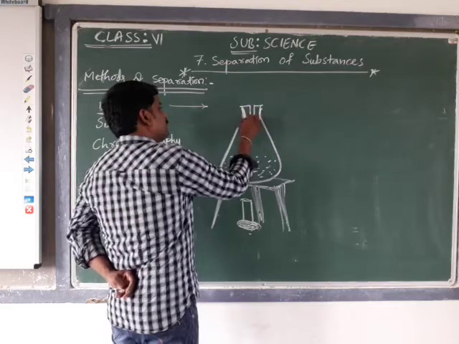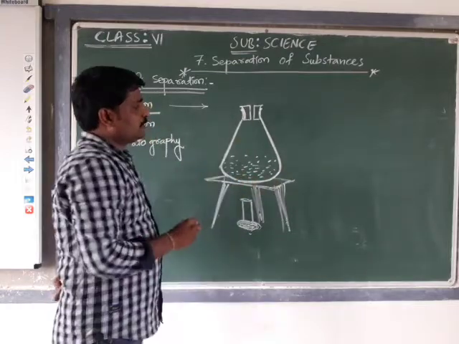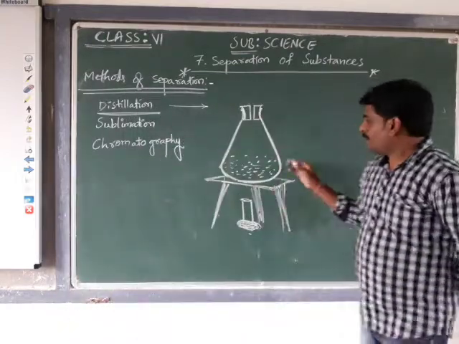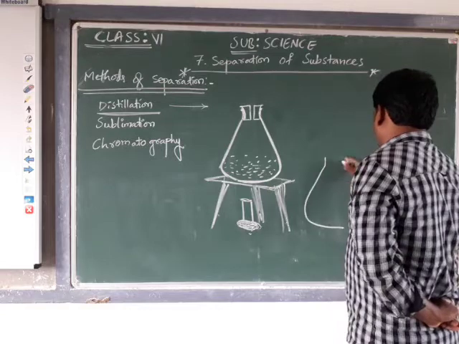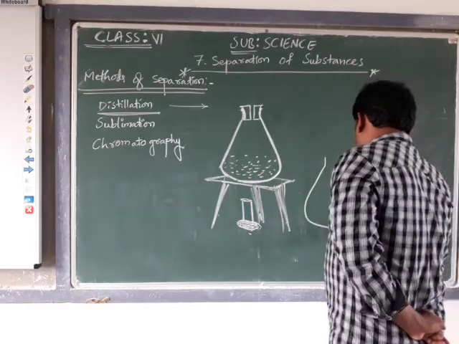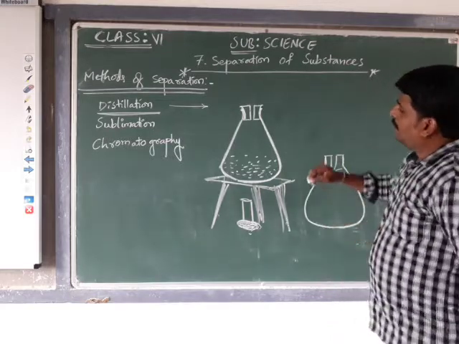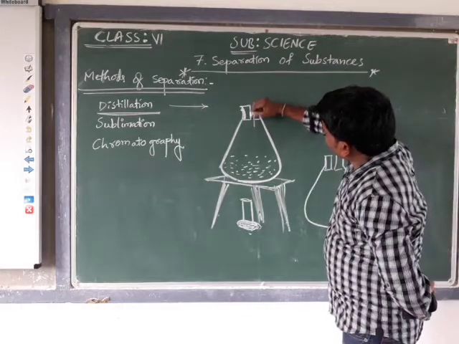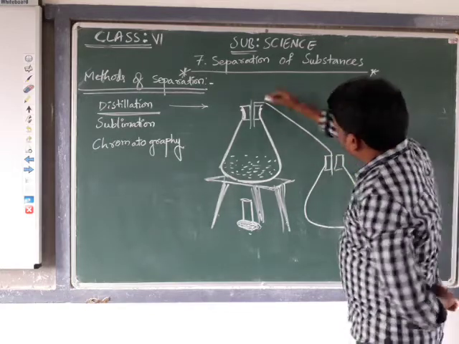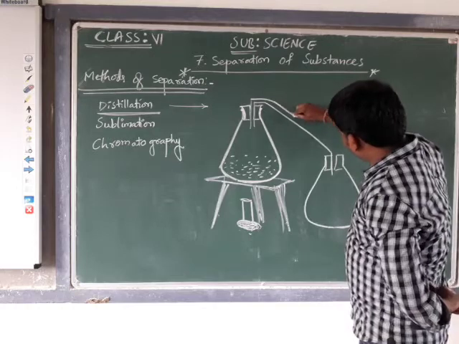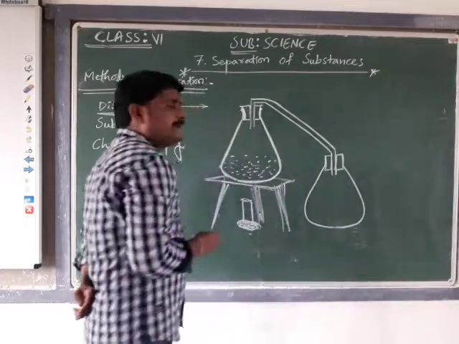Then we take one more empty conical flask, which also should be closed with a one hole cork, and these two conical flasks should be attached with a delivery tube. This is our experimental setup.